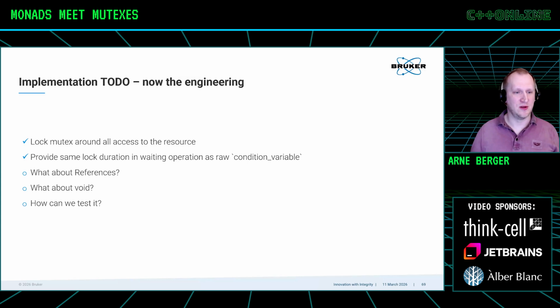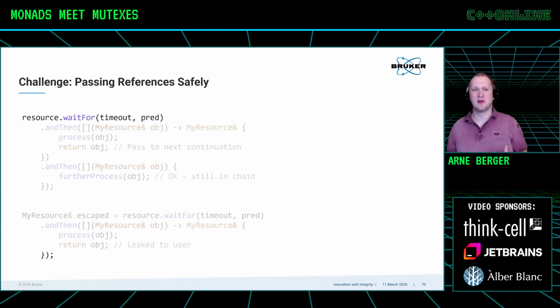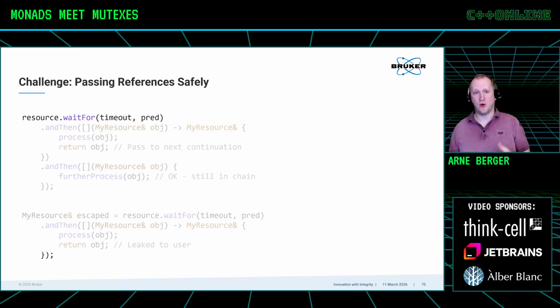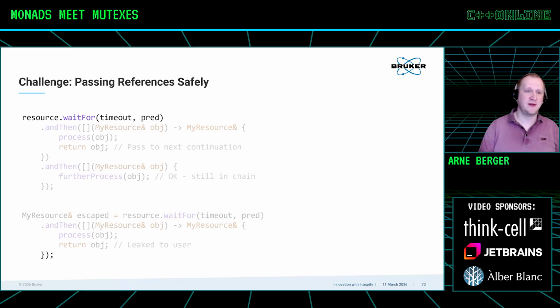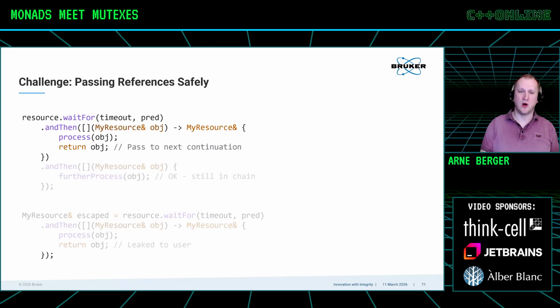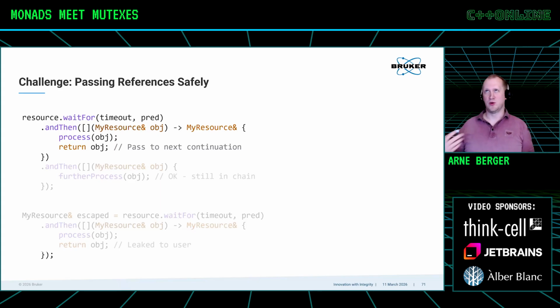Let's first talk about references. What's the problem with references? If we look at our chain, okay, the waitFor call with predicate is just fine. And then if we want to continue on that chain, we of course want a reference to our wrapped resource, because maybe we want to modify it, or do something else with it, or just don't want to copy it because it's quite big, things like that.